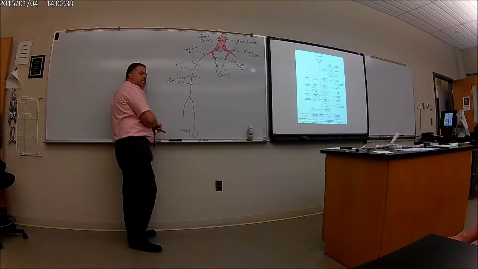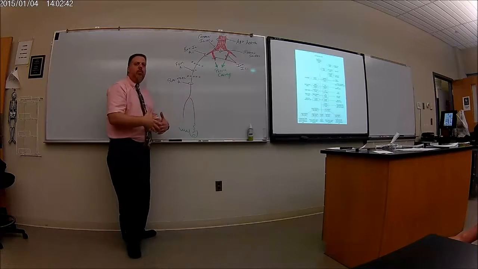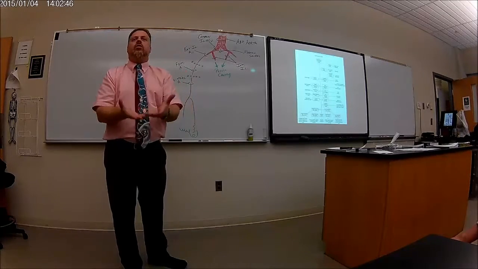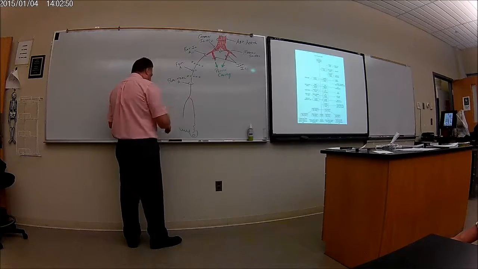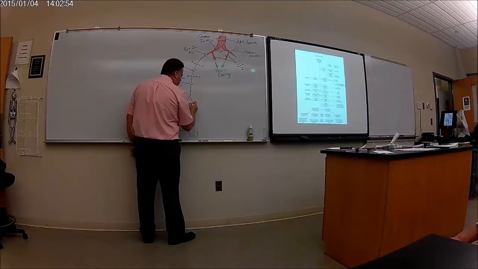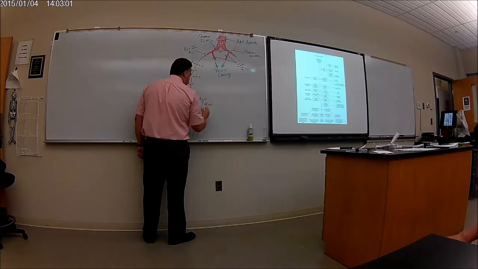Can you visualize that? The one that's coming out of the board is going anterior, going where the tibia is. So this is going to be the anterior tibial artery.